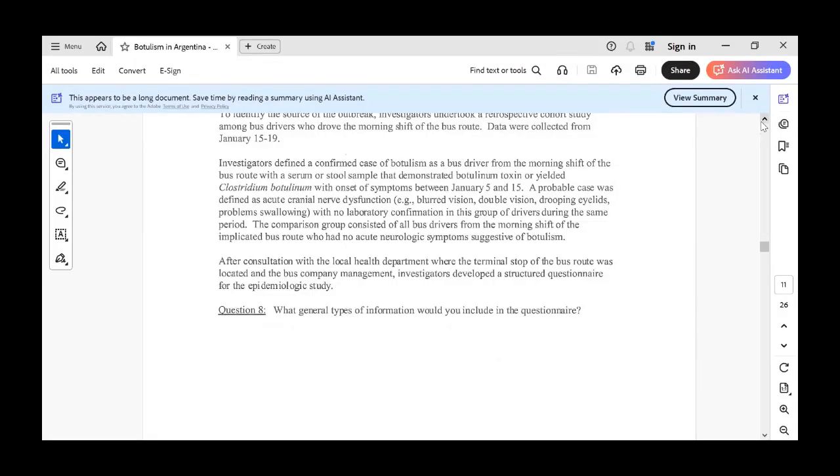When we're collecting demographics, what we include in the questionnaire will be the demographic data: the age, the sex, and so on. But we don't know that about the drivers, so yes, you need to collect it.